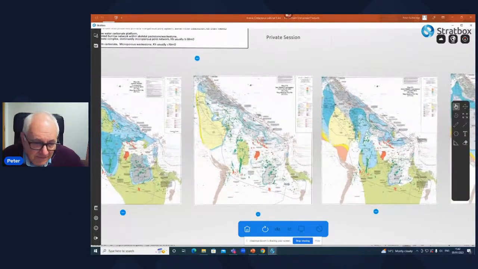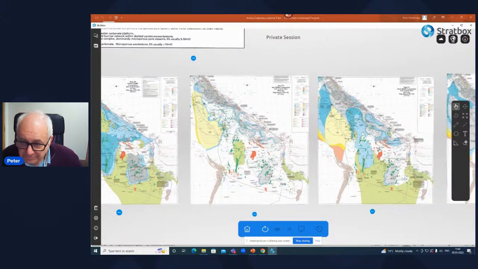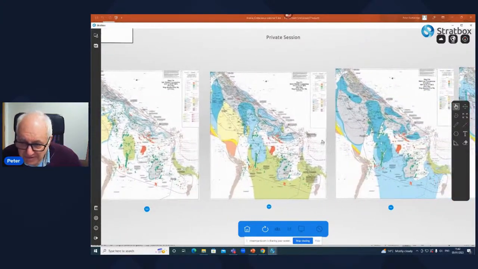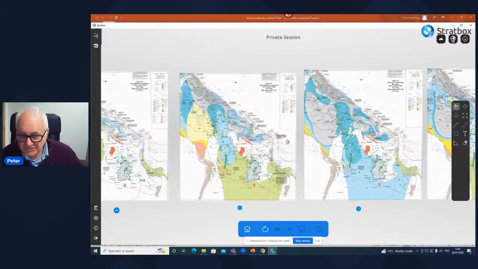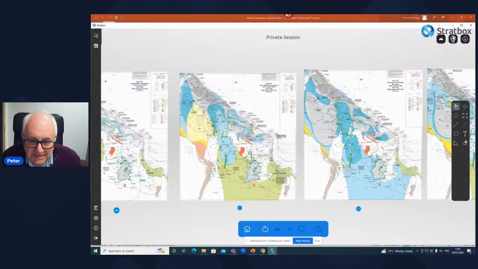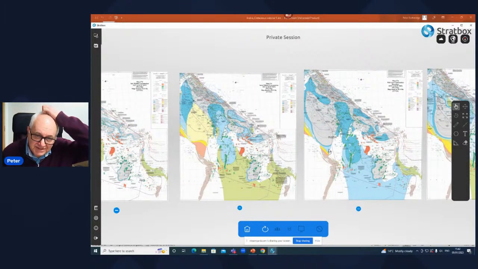This is the low stand subsequent to this map. And again, we see a lot of non-deposition, because as well as the effects of this top Mishrif unconformity, we've got exposure of the carbonate platforms in the area. And we can see the effects of the top Mishrif unconformity kicking in again as we go further up the sedimentary succession.